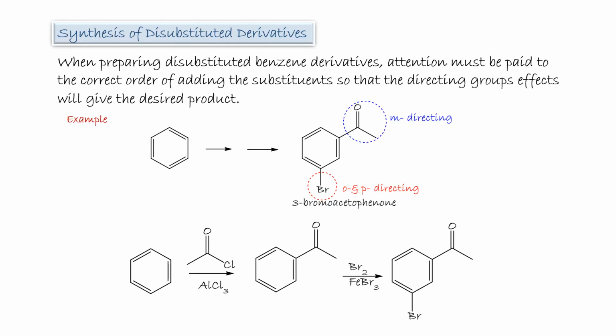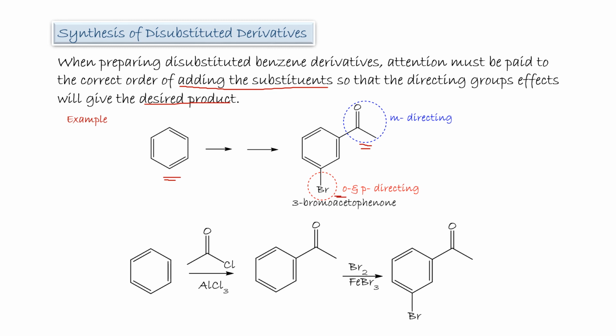Synthesis of disubstituted derivatives. When preparing disubstituted benzene derivatives, attention must be paid to the correct order of adding the substituents so that the directing group effects will give the desired product. We have here benzene, and we would like to transform benzene to 3-bromoacetophenone. This acetyl group is meta-directing.